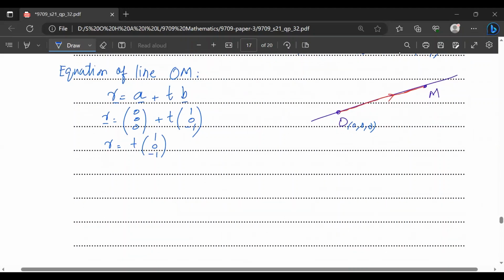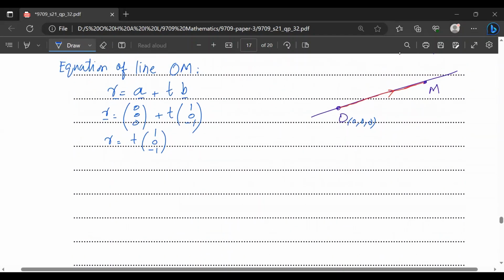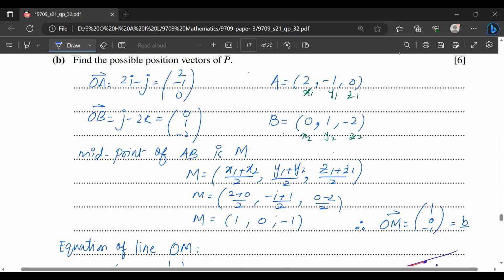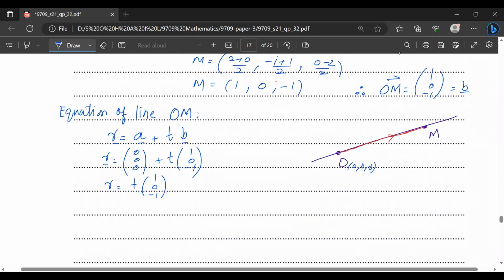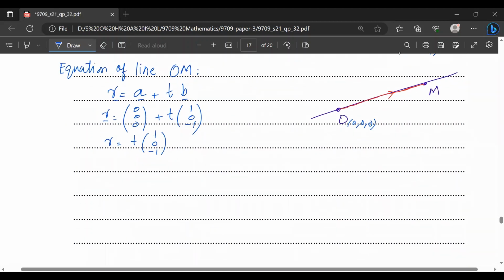If this is the line OM, you can find this equation of line in the parametric form, because there is a point P on the line. So I'm looking for the coordinates of P. There's a point P which lies on this line passing through O and M, and we're looking for the possible position vectors of P. So P can be anywhere. It can be on the left side or in between O and M. So let us find the general point on the line OM. This is the equation of line OM. So the general point x equals t, y equals 0, and z equals minus t.